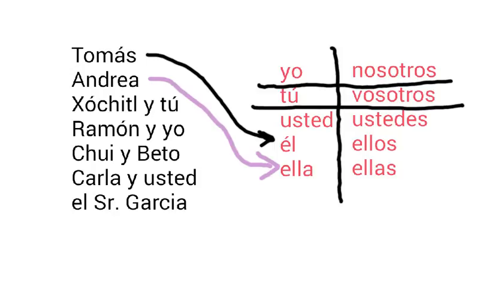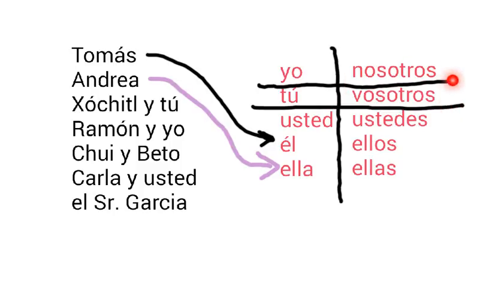Okay, Xochitl y tú right here are plurals. There's 2 people there. So we start with the 2. And then we see the 2 here, but there's another person. So we go over here to the vosotros form to add another person. If we are in Spain, we would use vosotros.